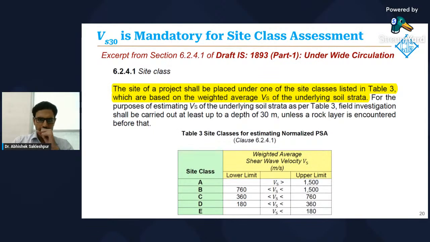This is an excerpt from the draft Indian Standard Code, IS 1893 Part 1, which is under wide circulation, which specifies that VS30, which is the average shear wave velocity over the top 30 meters of the ground, is mandatory for site class assessment. So here we can see, depending on the weighted average shear wave velocity, the sites are classified in various categories ranging from A to E, depending on the value of the shear wave velocity.